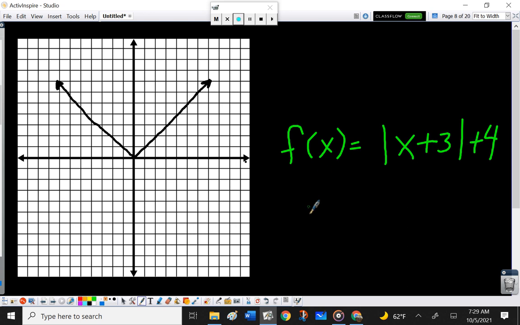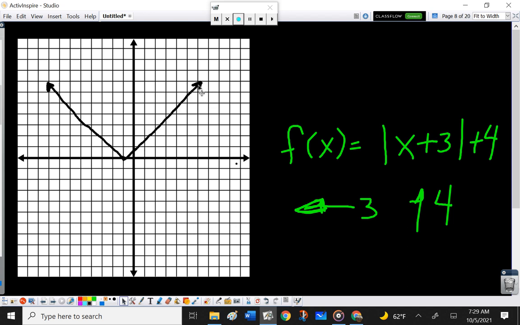This will move our graph 3 units to the left because we're going to think opposite, and we're going to move it up 4 units. So, let's practice this. 1, 2, 3 to the left, and 1, 2, 3, 4 up.